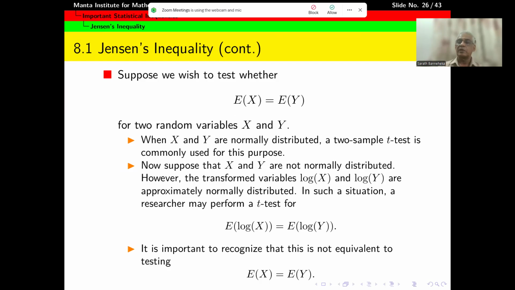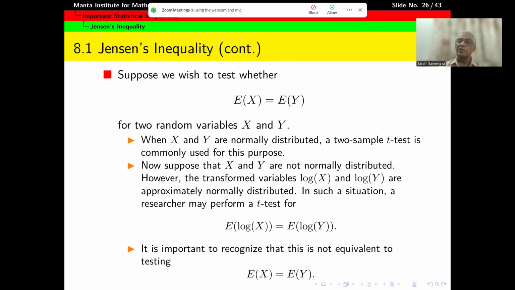For example, some people sometimes try to take log of x and log of y, and then log of x becomes approximately normal, not exactly normal, but approximately normally distributed, and log y becomes approximately normal.